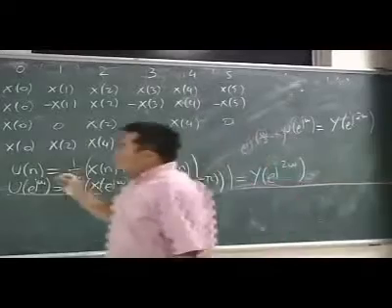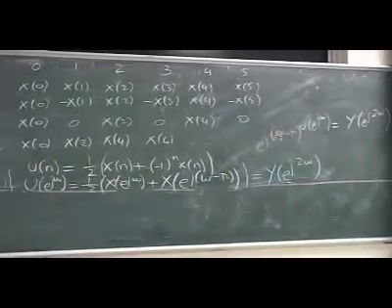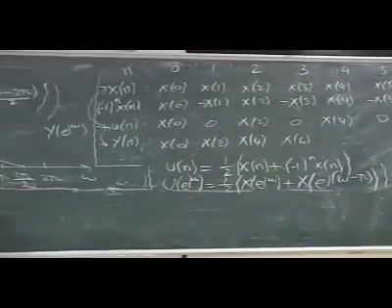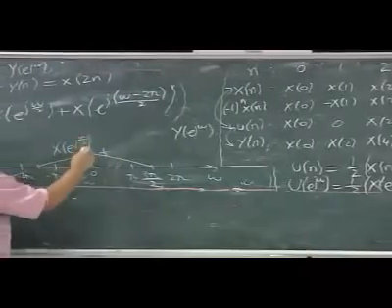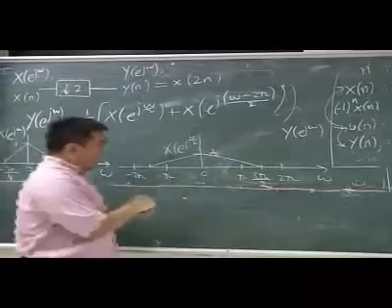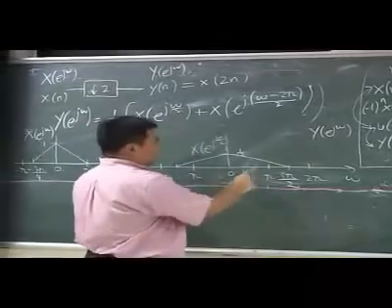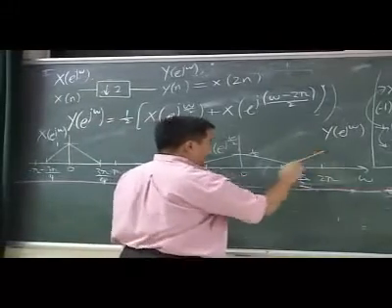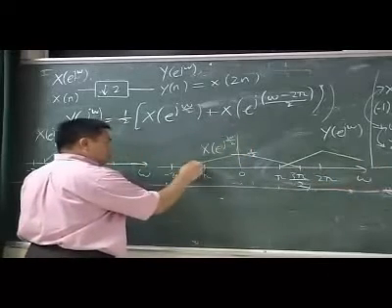Okay, so we're taking this, which is x of e to the j omega over 2. We shift the whole quantity by 2 pi. So we have 0 to 2 pi, right? It is periodic, so we'll do it like that.